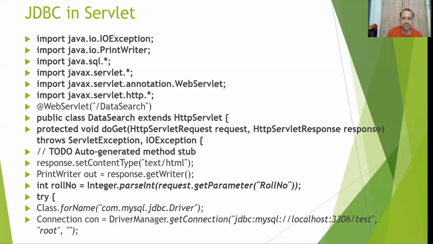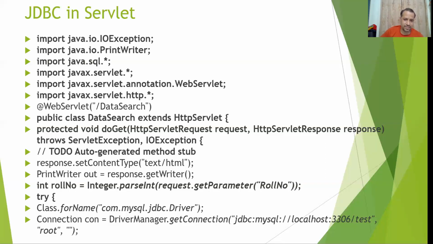For that we use the setContentType method, and in brackets I am going to mention text/html. I have to create a PrintWriter object because I am going to generate the response on the browser. So we require the response.